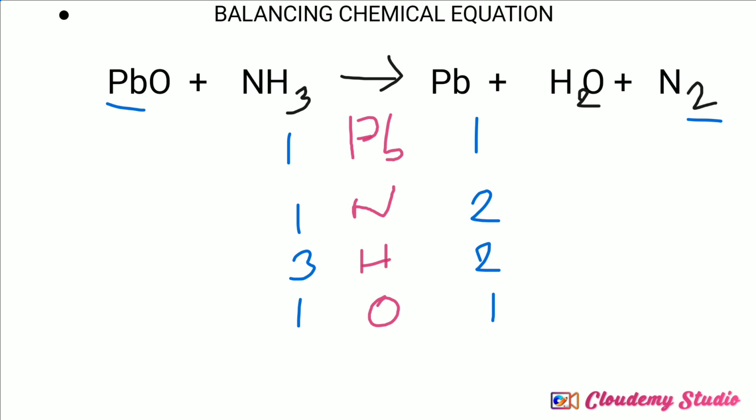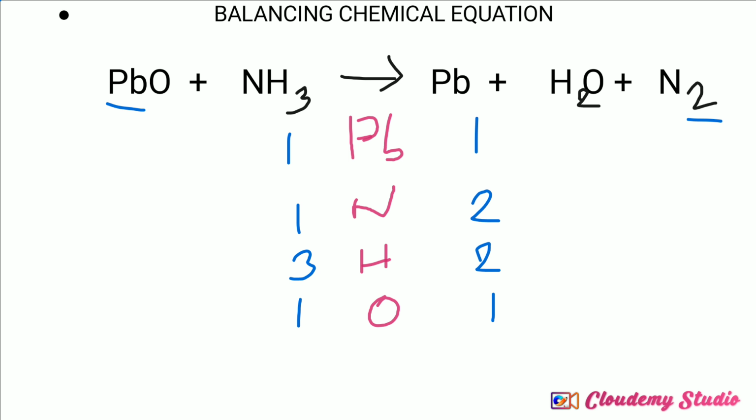Now we can check which atoms are not equal. So when we check from the first, the metal lead, both the sides 1 1, they are equal. But in nitrogen, the right hand side 2 atoms are there, but in the left hand side just only 1 atom.